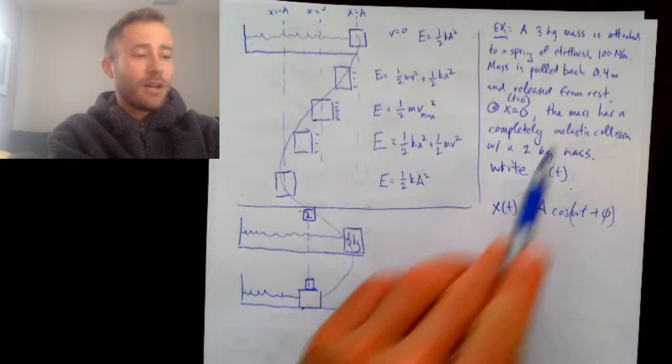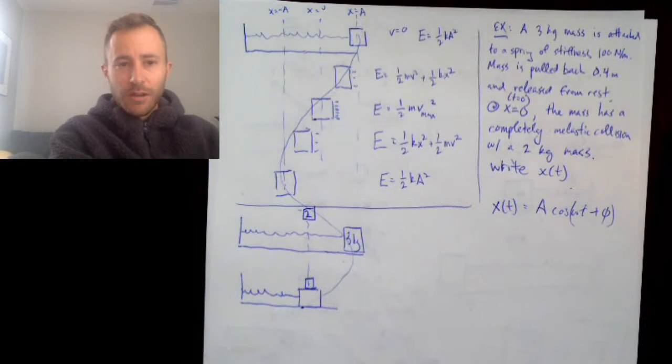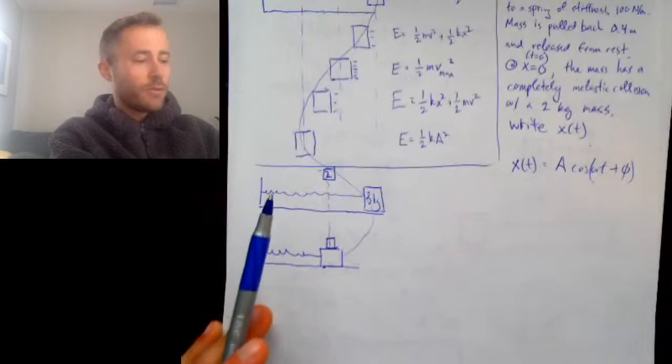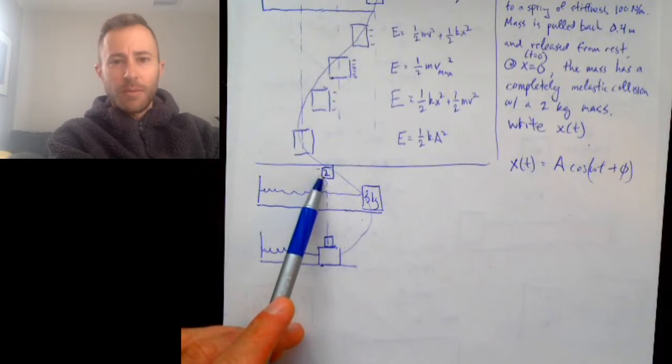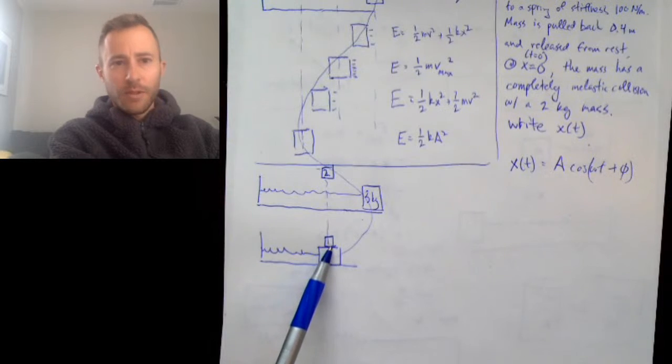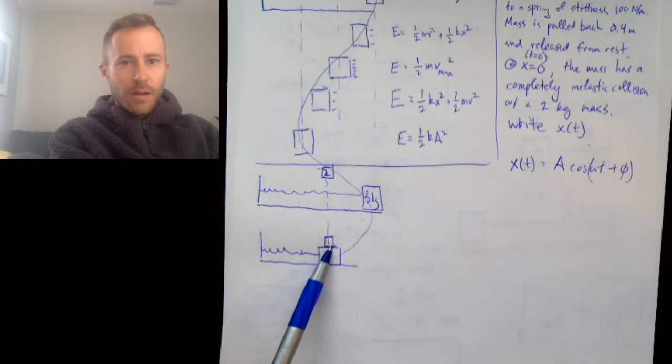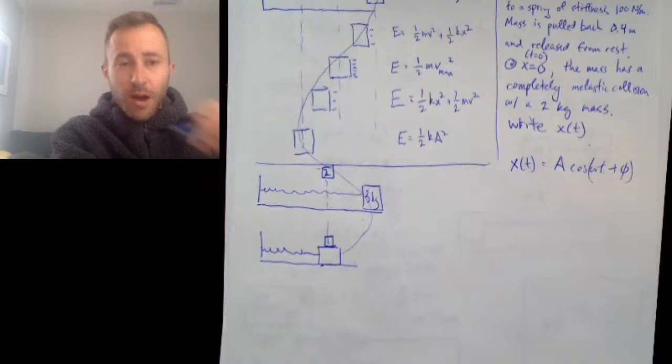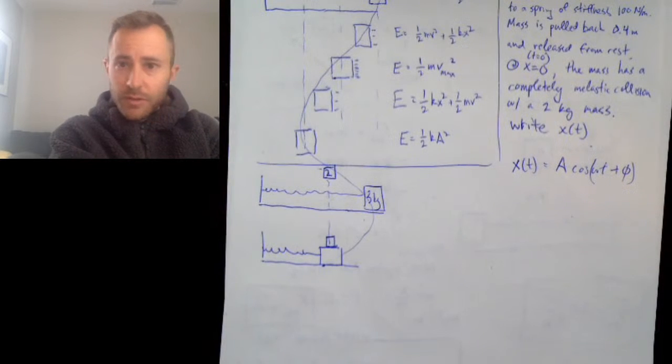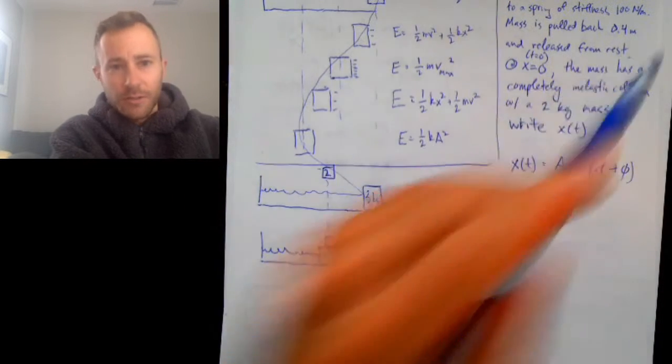And the amplitude is not 0.4 meters. It's going to be less than 0.4 meters because when we drop this 2 kilogram mass on top of it, some energy is going to be lost in that completely inelastic collision, which is going to make the final amplitude less.